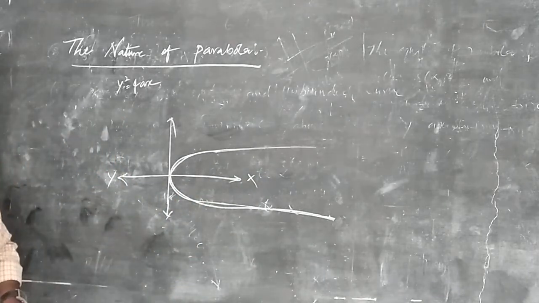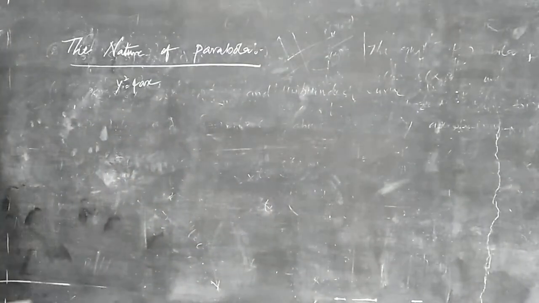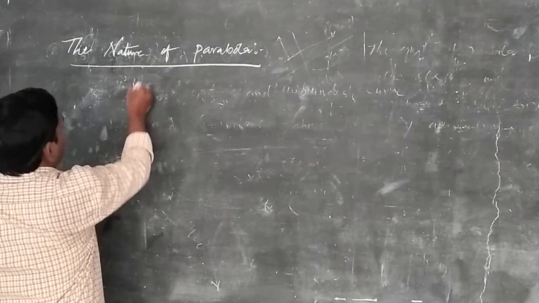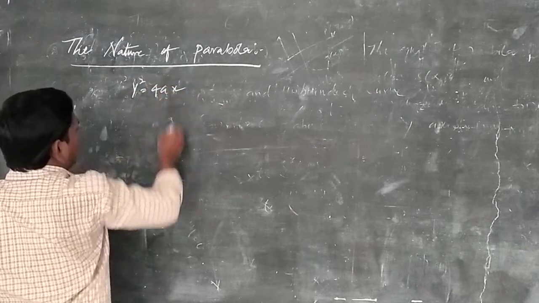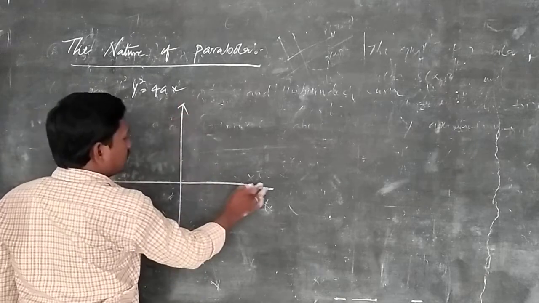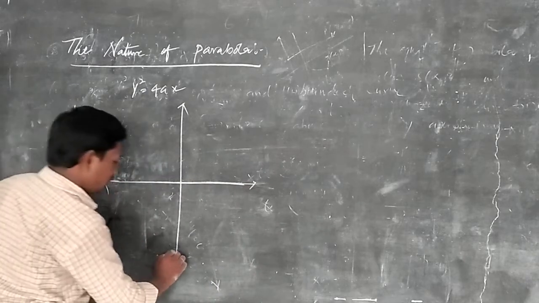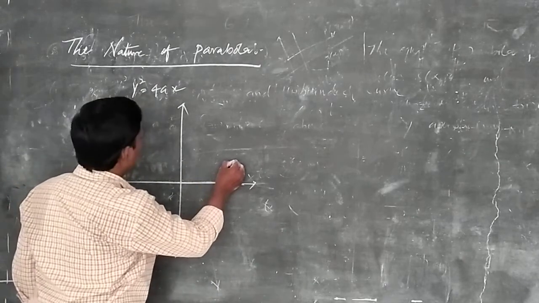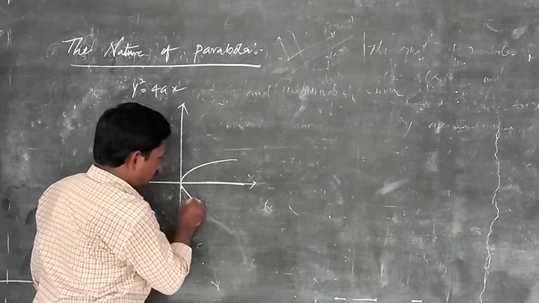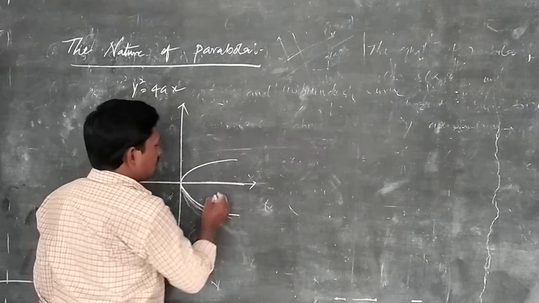And parabola is symmetric about x and y axis. For example, take the shape of the parabola y square equal to 4ax. This is called symmetric.